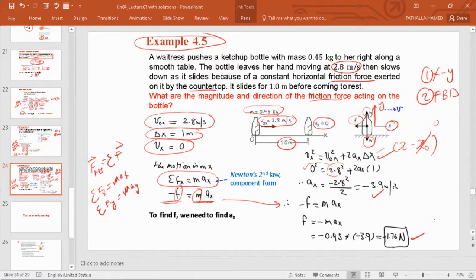So the magnitude of the friction force is equal to 1.7 newtons. Now you may ask about the direction, because they ask you about magnitude and direction. So here it's f as in magnitude. The direction here, theta, we can take relative to the positive x-axis, it will be 180 degrees because it is opposite to the motion. Is this clear? Okay.